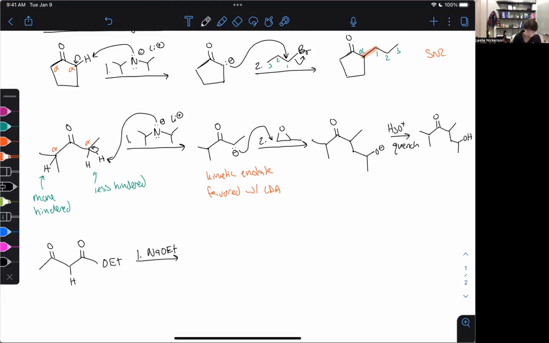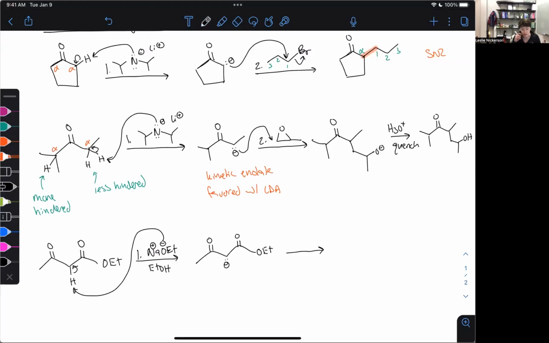I could use sodium ethoxide with ethanol. That's going to deprotonate my most acidic proton and form my enolate.